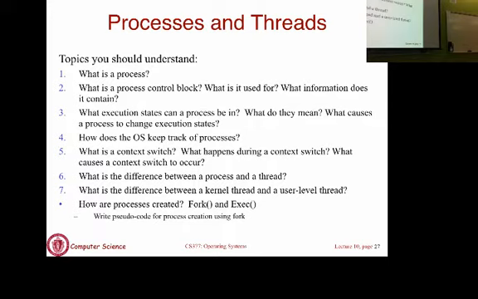It also keeps track of the state of the process when the process is not executing. All the registers are stored in the process control block, so that they can be restored when the process resumes execution. So anything that the OS needs to do for this process, and needs to know about the process, is stored in the process control block.